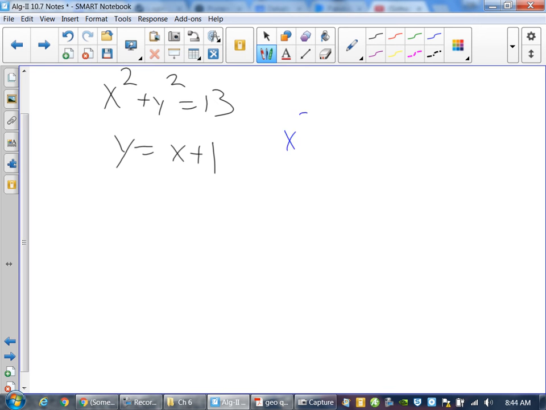So you get x squared plus the quantity x plus 1 squared equals 13. Ladies and gentlemen, what are you going to screw up here? The distributive property. Please do not kill the puppies. Please, please, please.